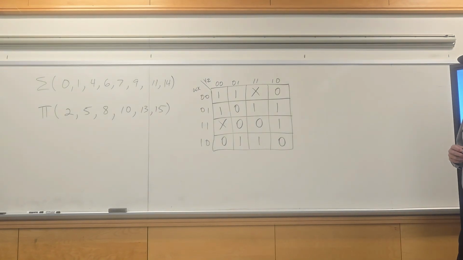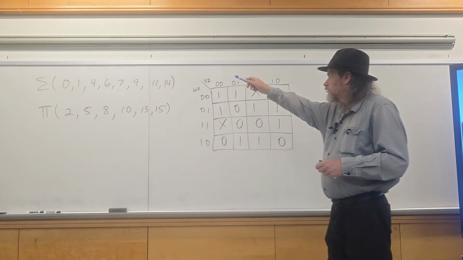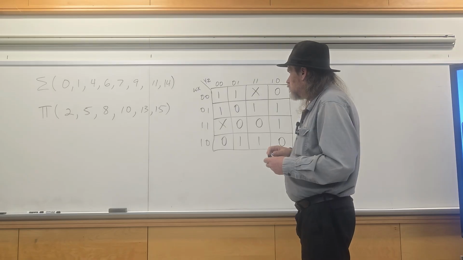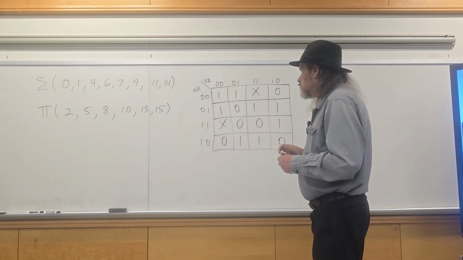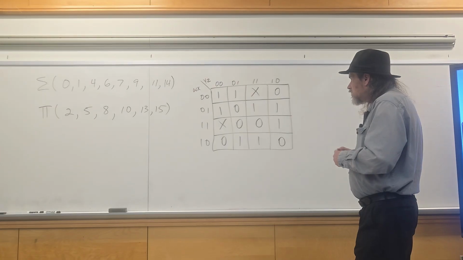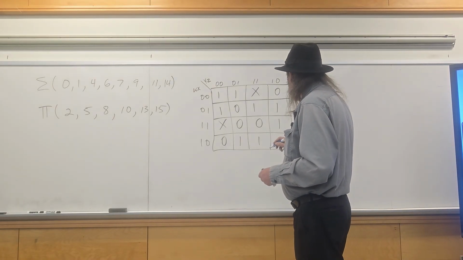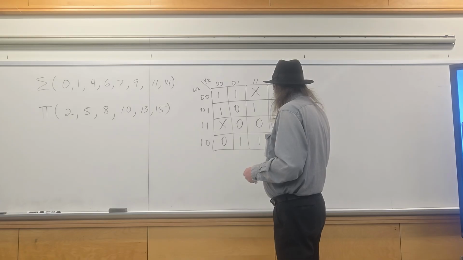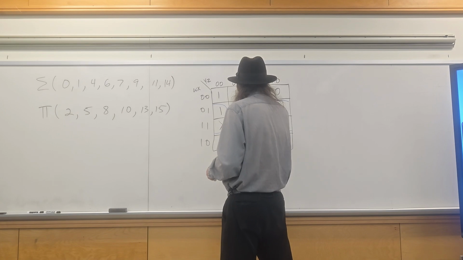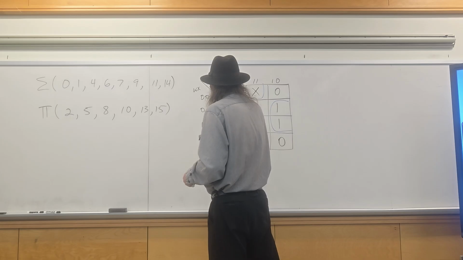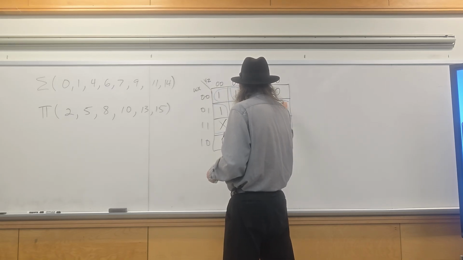So to satisfy both of these, you could do a group of 4 here, a group of 4 here, and group of 2 here, and group of 2 here.